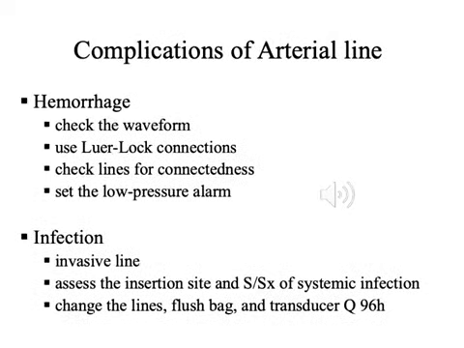Nursing care. What we as nurses should do for a patient with an arterial line, and these are very common in the critical care unit. In nursing care, one of the important things is preventing the complications that can happen. For hemorrhage, we need to keep checking the waveform, because if there is hemorrhage, our waveform may show overdamping and the blood pressure may be too low, so the alarm must be set at low pressure.